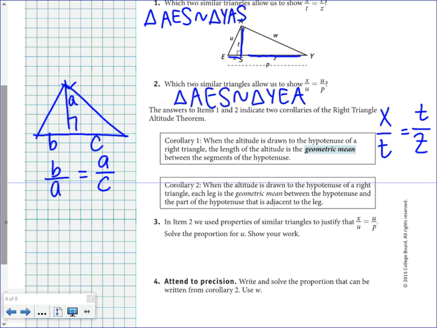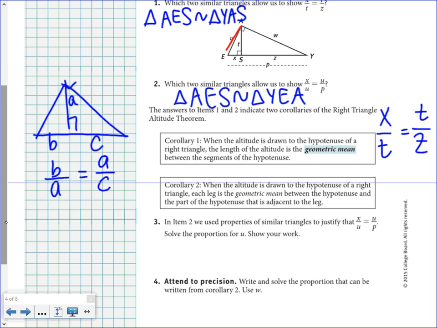The second corollary also talks about geometric mean, but this time, when you have your altitude drawn, like we do in your right triangle, each leg is the geometric mean between the hypotenuse and the part of the hypotenuse that is adjacent to the leg. So let's look. U is a leg of the larger triangle.